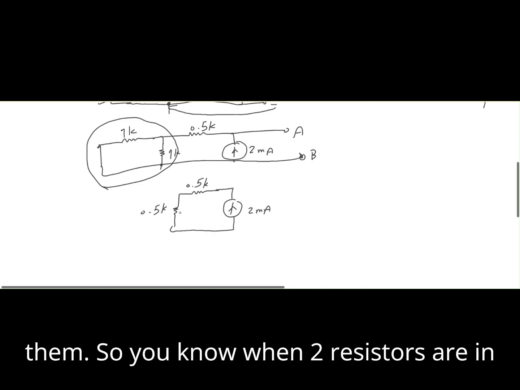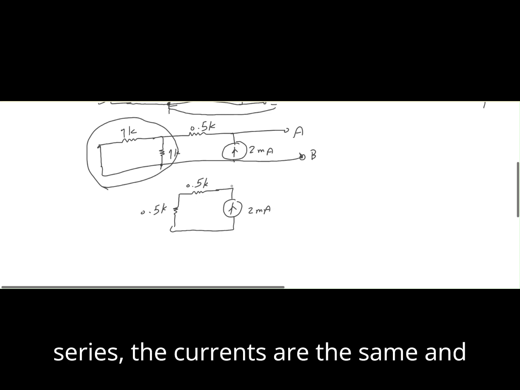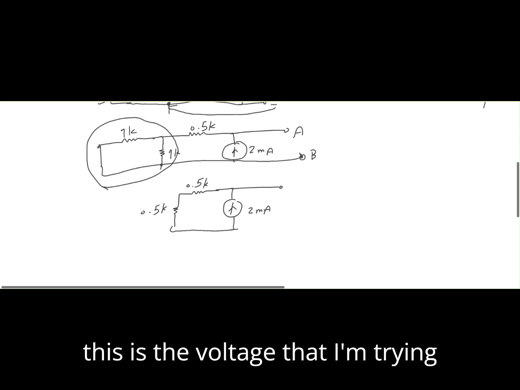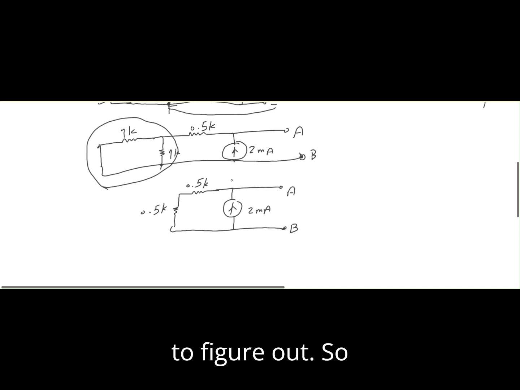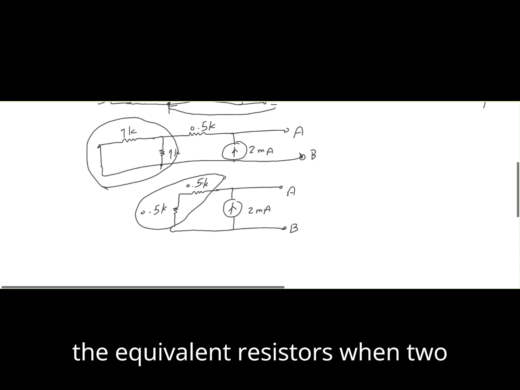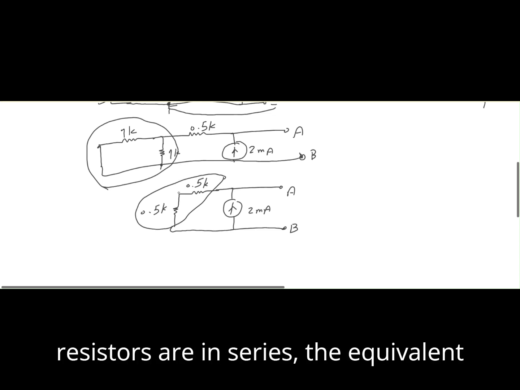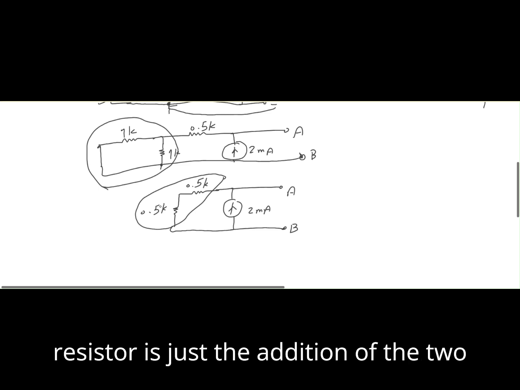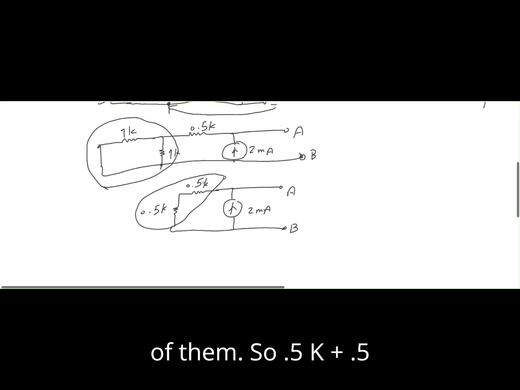So you know when two resistors are in series, the currents are the same. And this is the voltage that I'm trying to figure out. So when two resistors are in series, the equivalent resistor is just the addition of the two of them. So 0.5K plus 0.5K would be 1K.